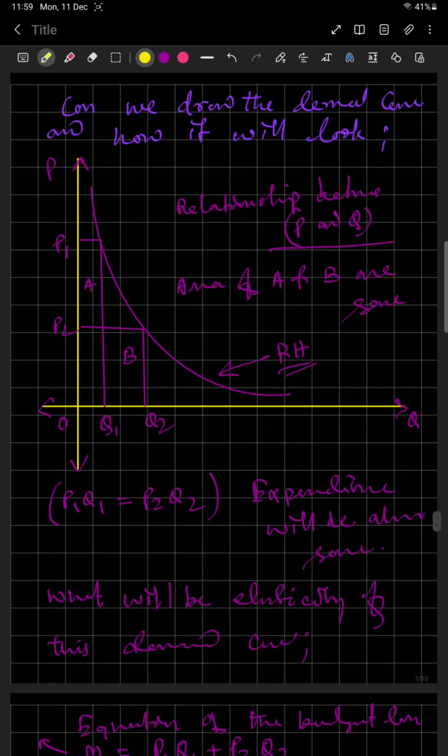From here, this is mu by lambda. So the equation of the demand curve is P is equal to mu by lambda.